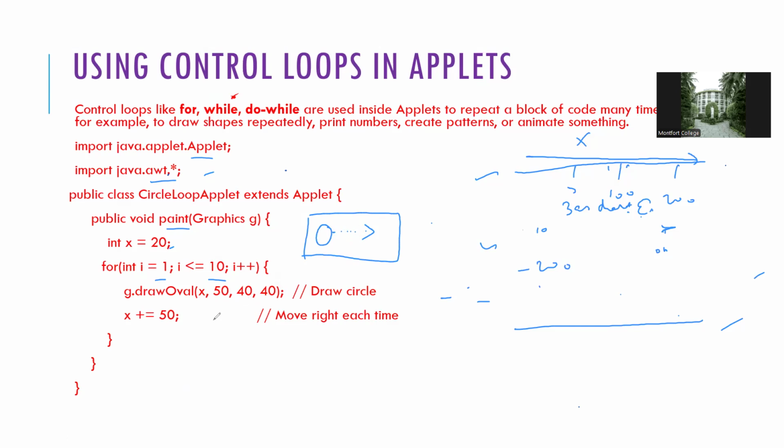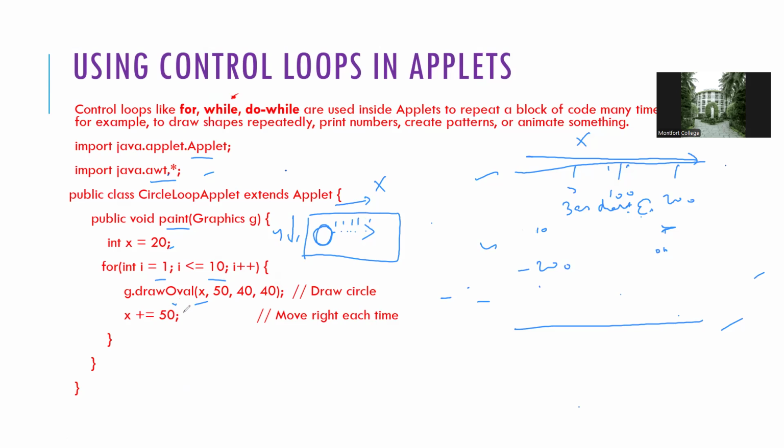See, x-axis, y-axis, you know, x-axis is towards this one, y-axis is towards this one. Here we are changing the x-axis. So if you want to move this component towards the right, then we have to increase x by 5 every time. That's why 5, or your choice, 50 or 20.